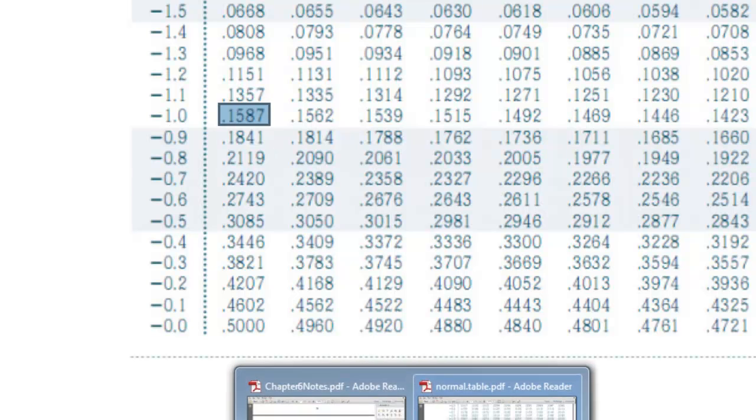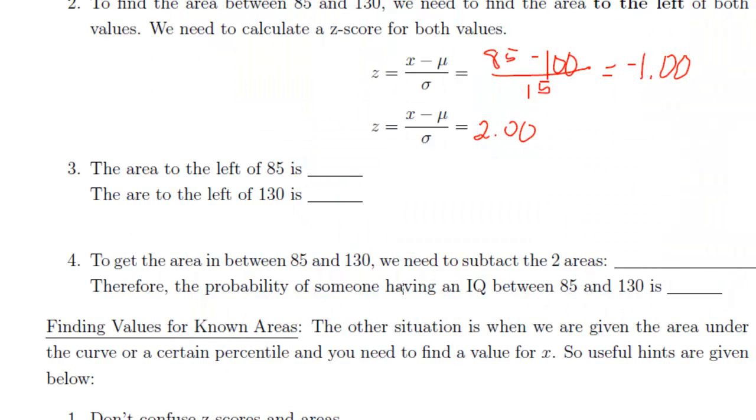So I'm going to go back to my notes and record that. 0.1587. And then we already got the area to the left of 130. That was 0.9772. We did that for the first problem. So now that I have the two areas, the area in between is just the difference. I'm chopping off that area to the left.